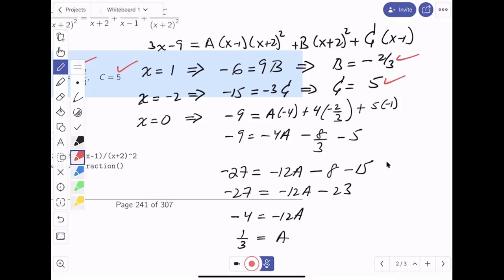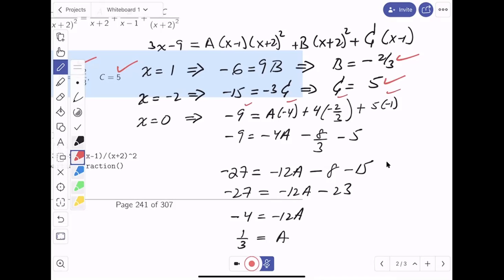That looks pretty good. I'm just checking these things one at a time. And let's see, if x is 0, I get 4b. And b is minus 2/3. I got that. And then x is 0, that would be 5 and minus 1. These look good. Let's take a look at minus 4a, minus 8/3, minus 5.